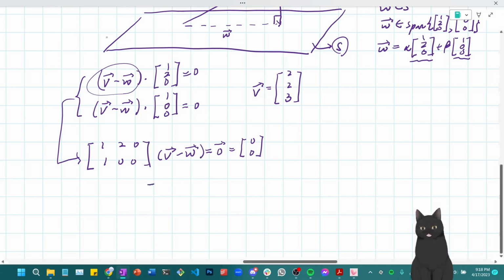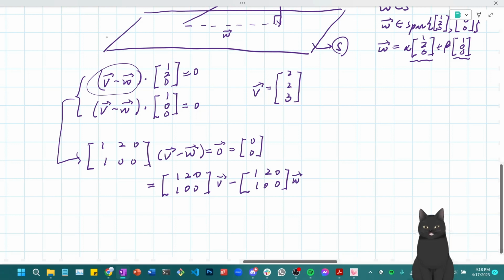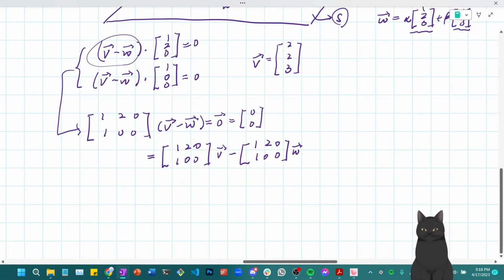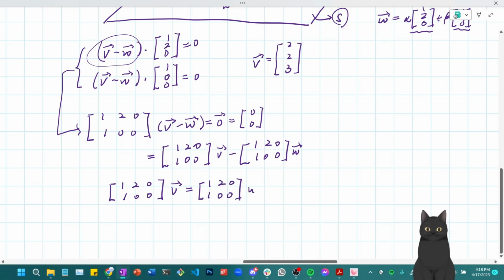I can also write this equation as the matrix with rows (1, 2, 0) and (1, 0, 0) times v, minus the same matrix times w. So in the end, I'll get that the matrix times v is equal to the matrix times w.